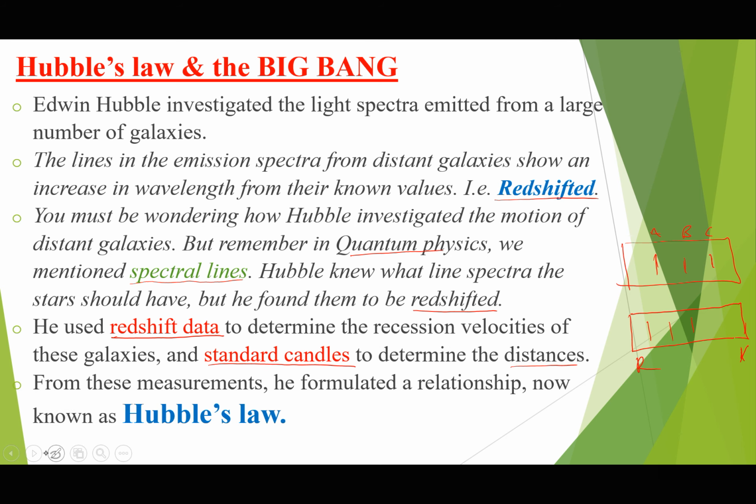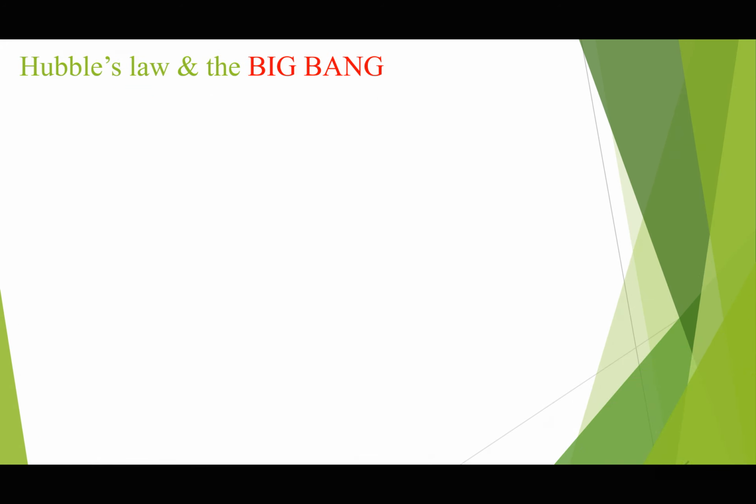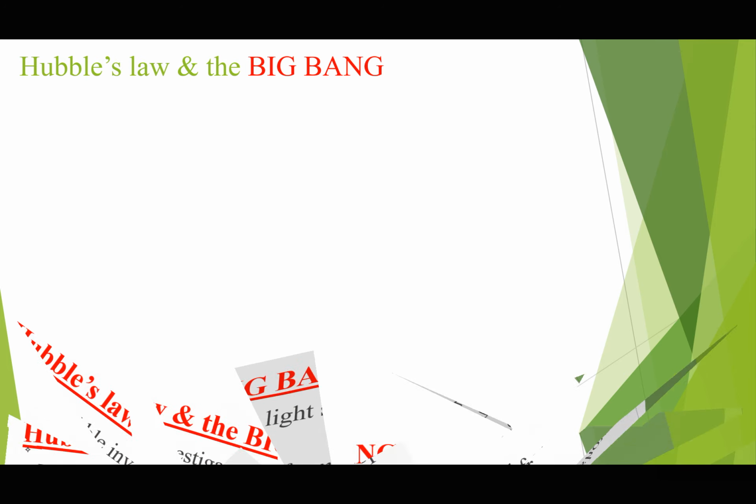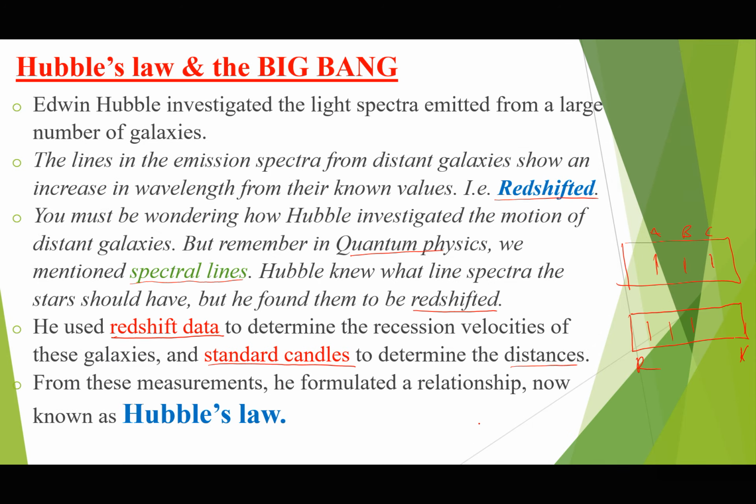From these measurements, Hubble formulated a relationship which we now call Hubble's law, that is, the recessional speed of galaxies. His observation showed that v, which is the speed of the galaxy, which he determined using the redshift that we have already seen, that is delta lambda, or the change in wavelength, is equal to the fraction of the speed.